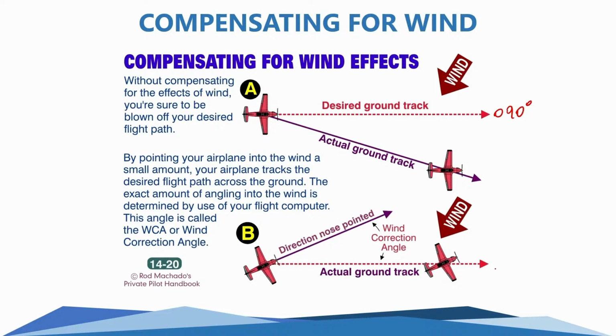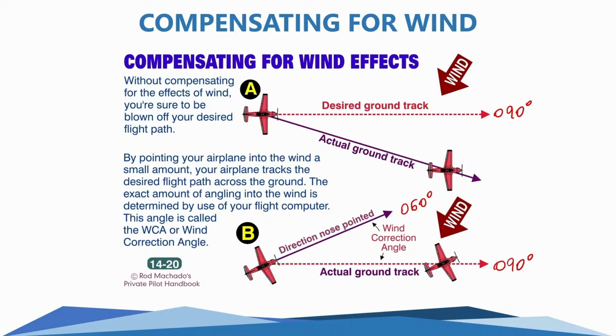My goal might be to maintain a 090, but the reality is that I have to point my nose maybe to something like 060 degrees. And 060 degrees is going to allow me to maintain my ground track of 090. Okay, so just keep that in mind.